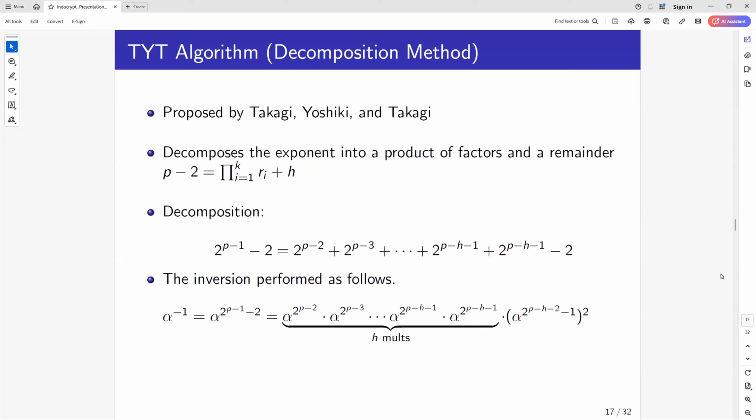Accordingly, for alpha to the power p minus 2, p minus 3 until p minus h minus 1, it performs h many multiplications. Now it depends on how many multiplications happen over here, which is alpha to the power p minus 2 minus 2. You can notice that p minus 2 minus 2 is just the product of the factors ri's. No, the previous one. They are the same exponent.